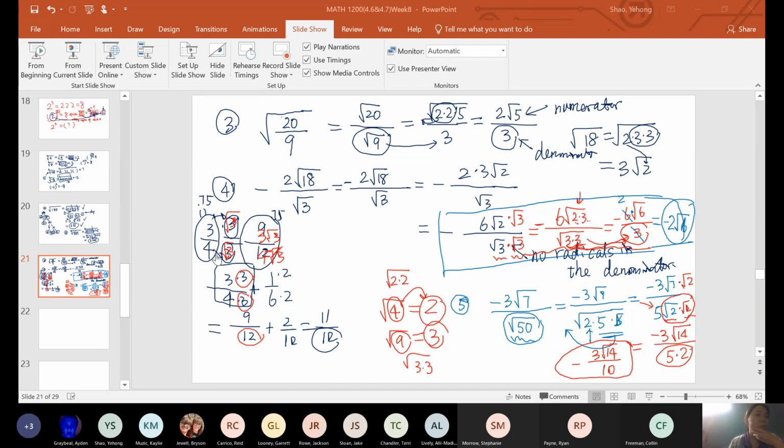Again, for the radical, how do you write it? You can just write SQRT, square root of. You can put it that way.